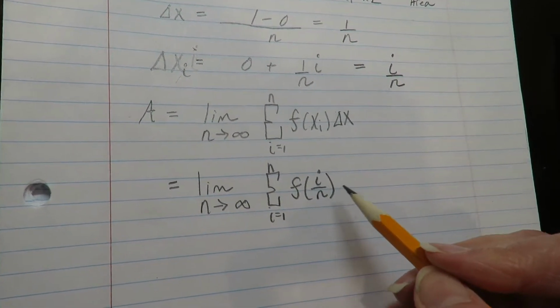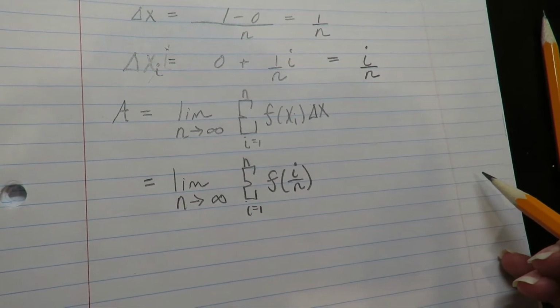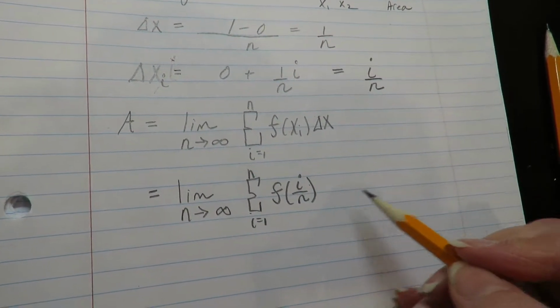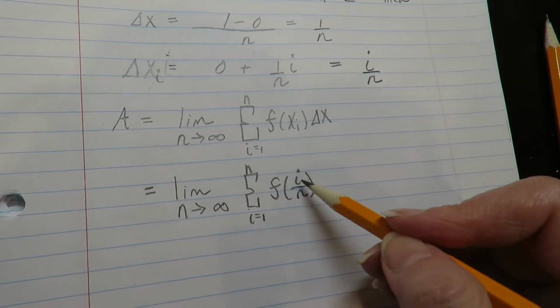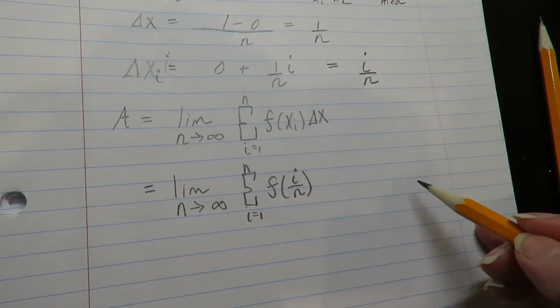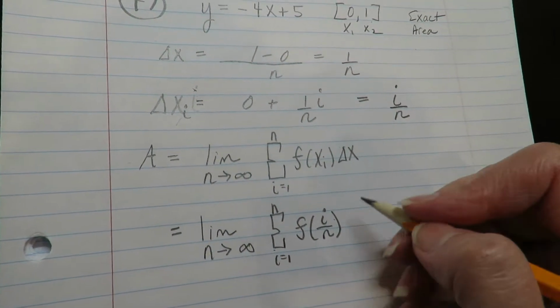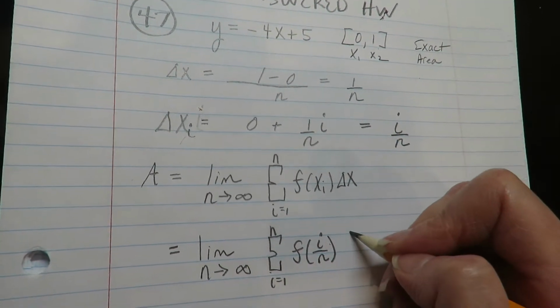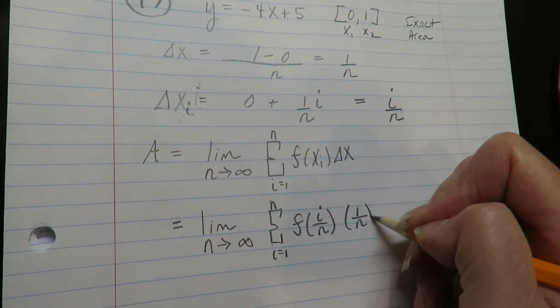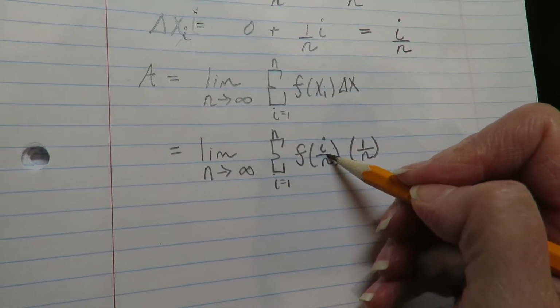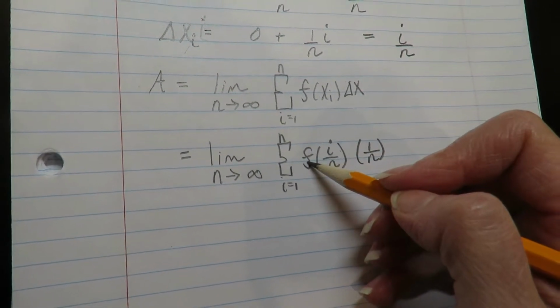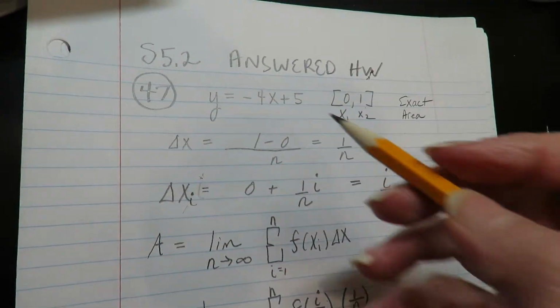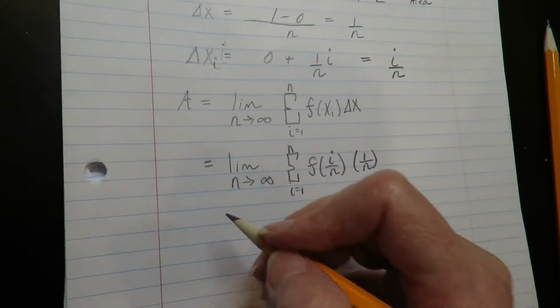That i is so that you can iterate across the x-axis. The 1 over n is the width that you iterate, and the i is you iterating: first iteration, second iteration, third iteration. Times delta x, which is 1 over n. Now you actually have to put this into the actual function, so the function in this case is this guy here.